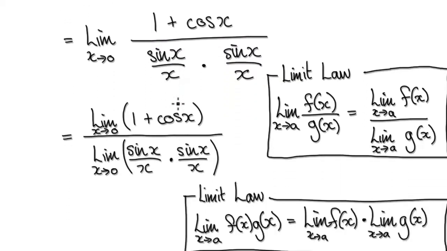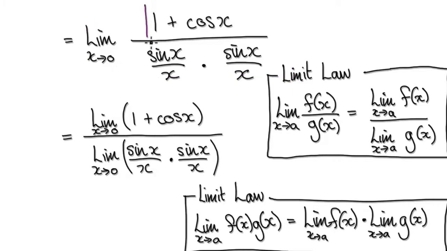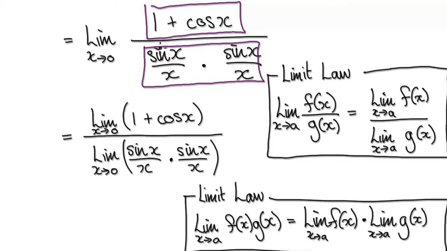So now you've got to take the limit of this whole thing here. So imagine the numerator as being one function. Imagine this as being another function. So now utilize the limit law.